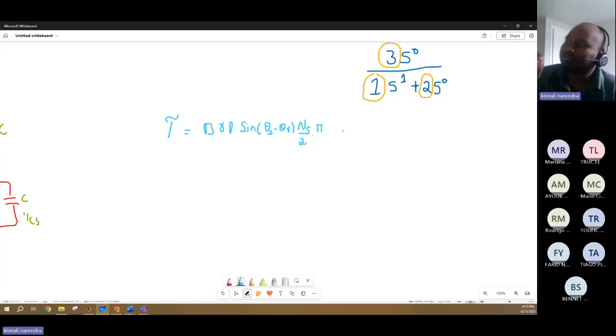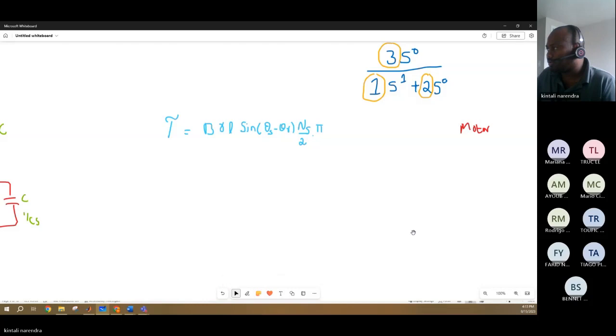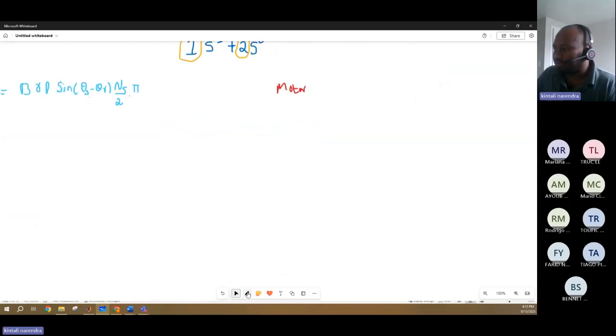If you take the broad classification of these motors, can someone say what are the two types of classification based on the power supply?